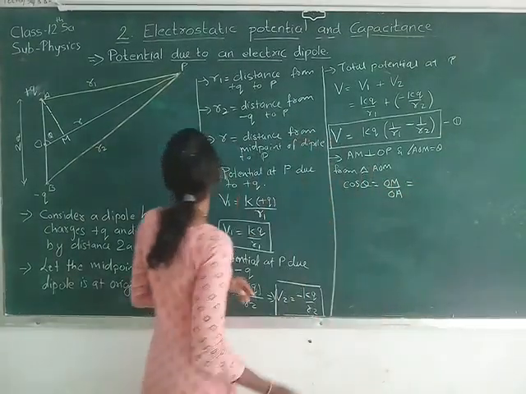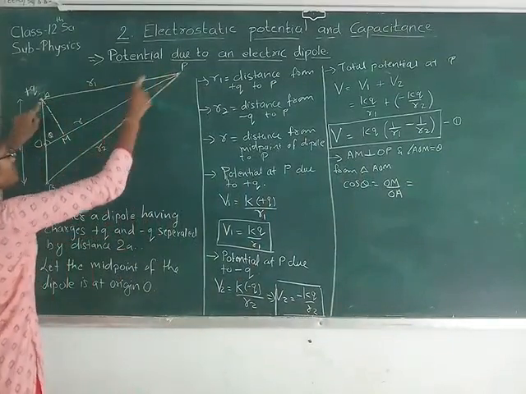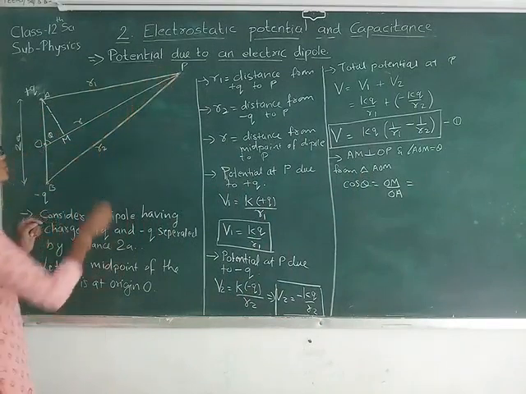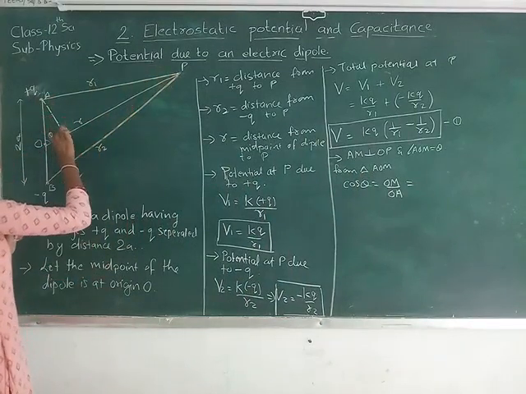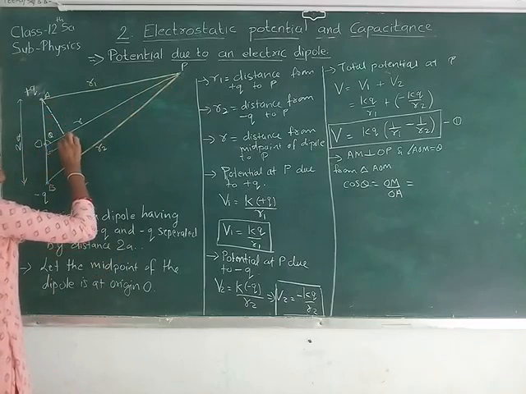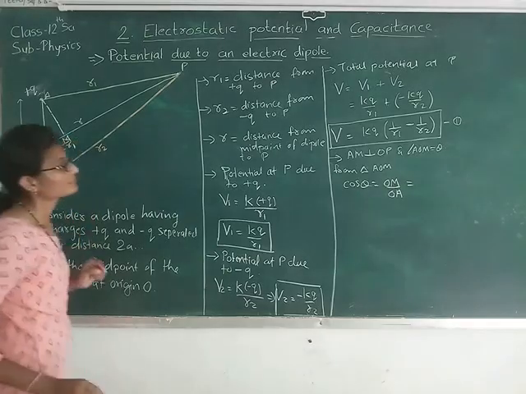What is ON? Here see, we are having here R1 distance, here the total OP is R. So when you take the perpendicular, this ON will be R minus R1.